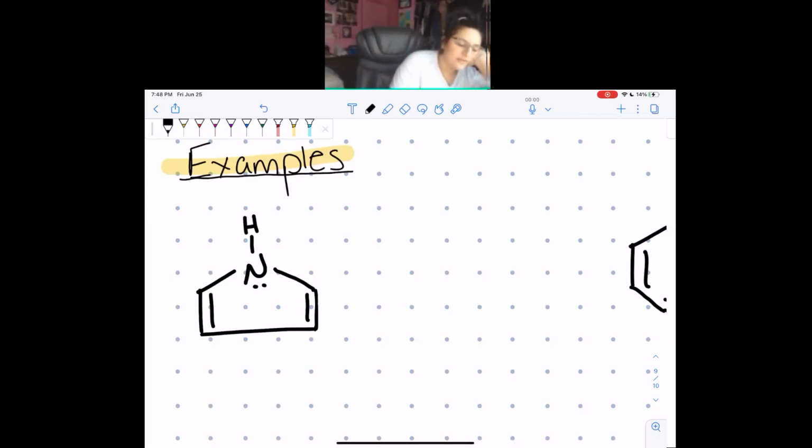So, if we have this ring, we know that it's cyclic. And since it's a small ring, we're going to say it's planar. We are going to figure out whether this atom is sp2 or sp3. Whenever I do this, I like to go sp2 versus sp3. If there is an sp3 atom, it automatically has to be non-aromatic, no questions asked.